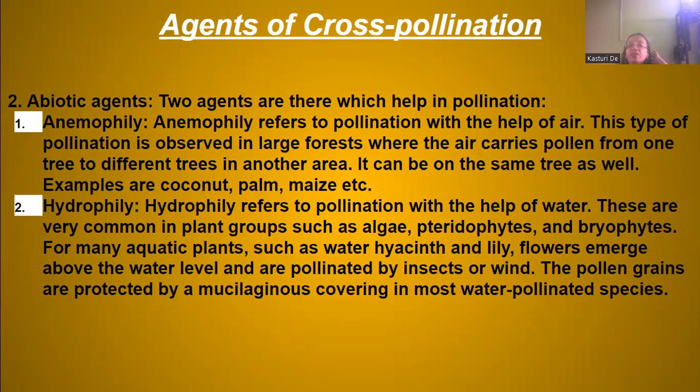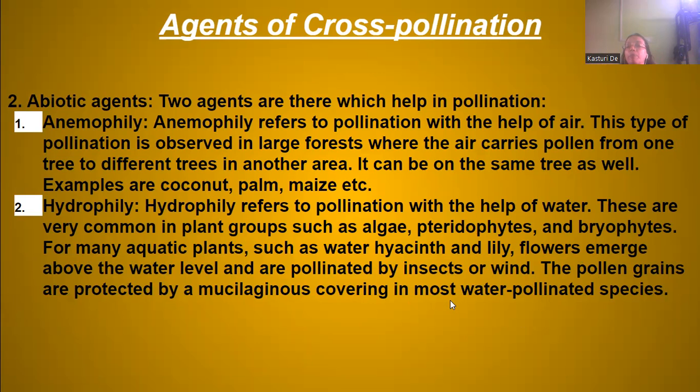Hydrophily is very common in plant groups such as algae, pteridophytes, bryophytes. For many aquatic plants such as water hyacinth and lily, flowers emerge above the water level and are pollinated by insects or wind. The pollen grains are protected by a mucilaginous covering in most water pollinated species.